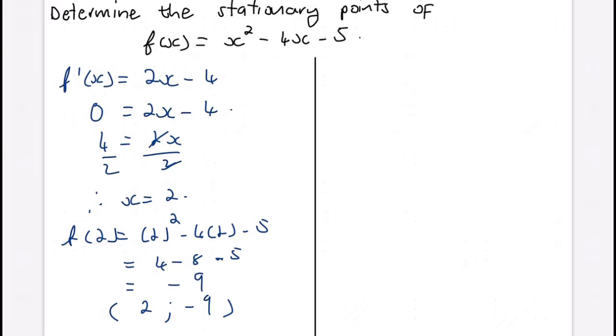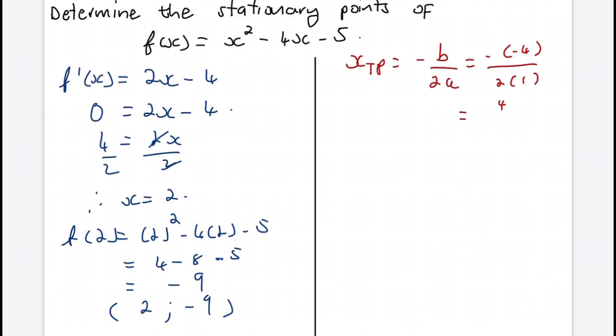Now I just want to prove this to you using a method you learned last year. You said the x value of the turning point is always equal to negative b over 2a. This was the formula that we used to find the turning point in grade 11 when we were doing functions. So b is negative 4, so this is negative into negative 4, over 2 times 1. The answer there would be positive 4 over 2, which is 2. So the x value of the turning point is 2.